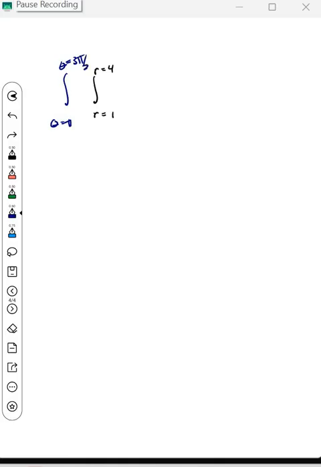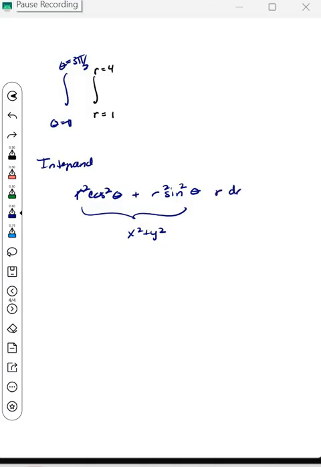And let's fill in the integrand. You can either just pop it in there blindly, so you'll have (r cosine theta) squared plus (r sine theta) squared. This part here is x squared plus y squared. And then we have r dr d theta as the dA.